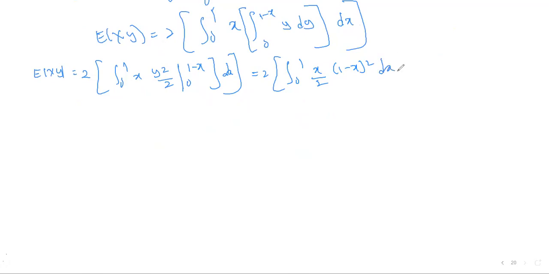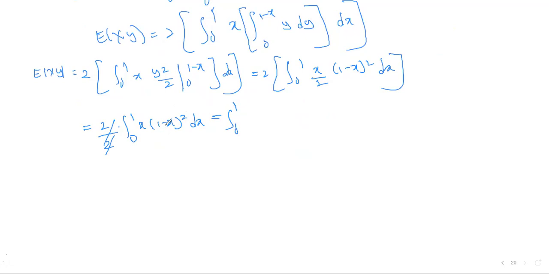So this is dx, we need to solve this integration. So this 2 will be outside the integration sign because it is independent of the variable. So 2 by 2, integration 0 to 1 x into 1 minus x whole square dx. So 2 by 2 get cancelled, nothing means 1.